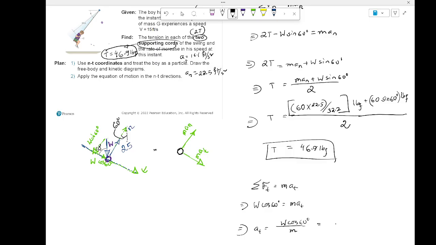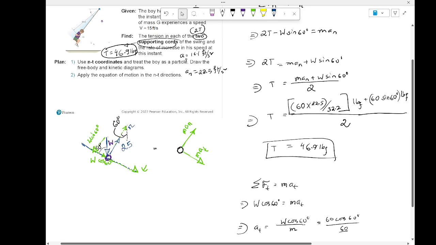So obviously you might have something like that already. 60 cos 60 divided by, you had this 60 again. There's the mass, right? This time 32.2. It's a little difficult to understand, right? The whole thing unit is feet per second square.